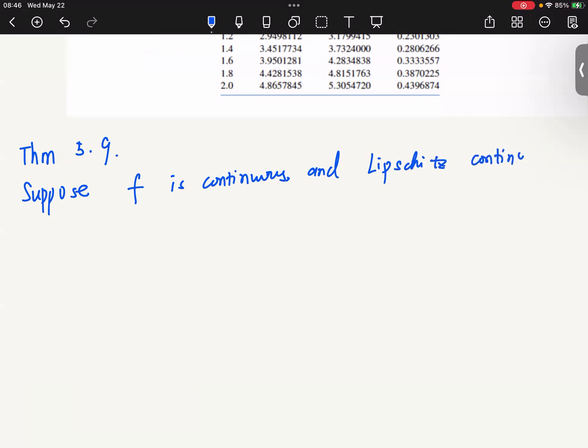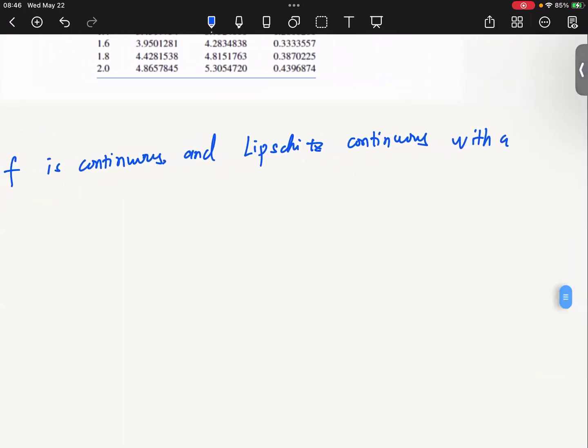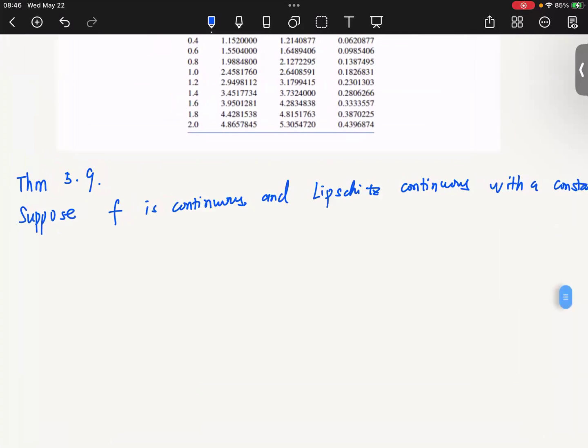Continuous with a constant L. And then on the domain D, and this is the domain I give you.